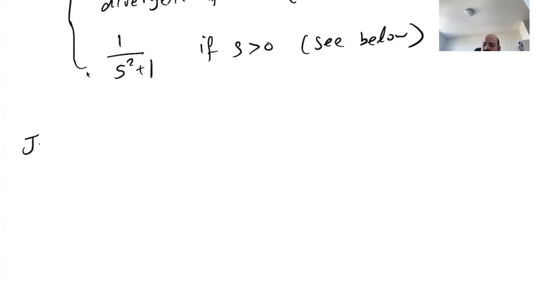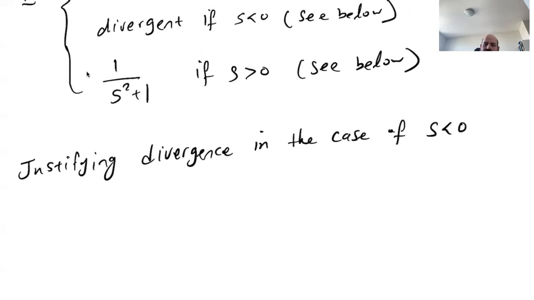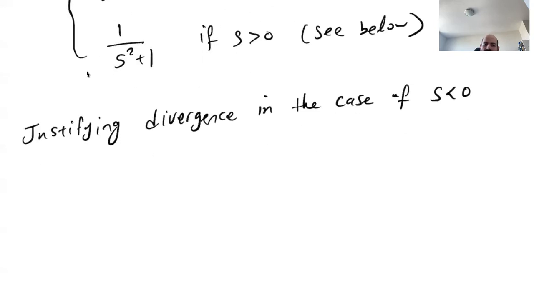So justifying divergence in the case of s less than 0. If s less than 0, what can we say?